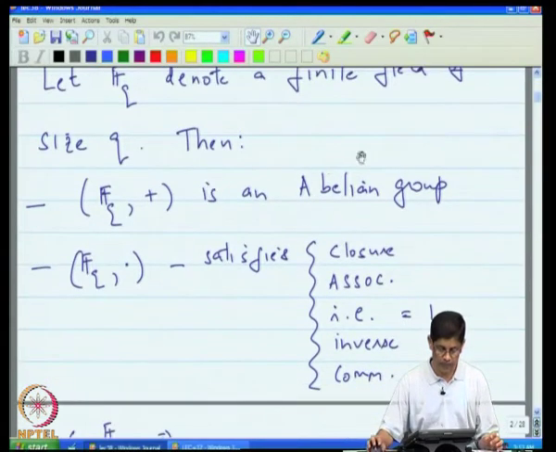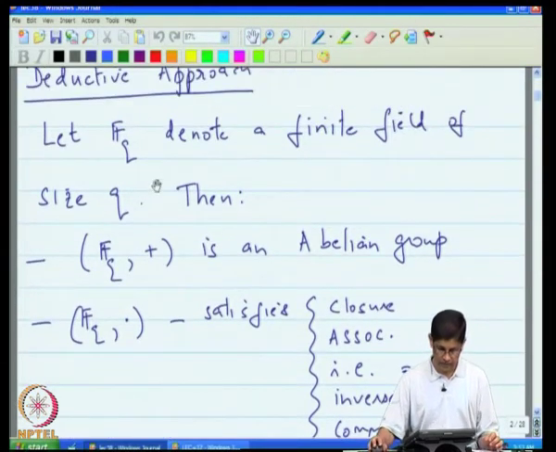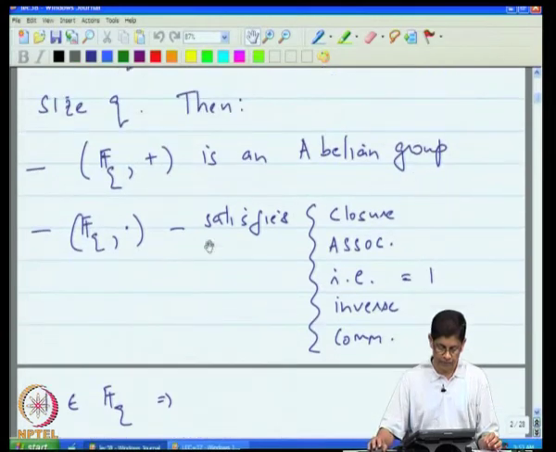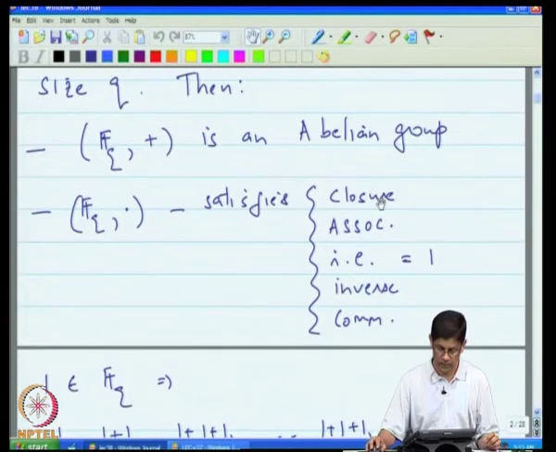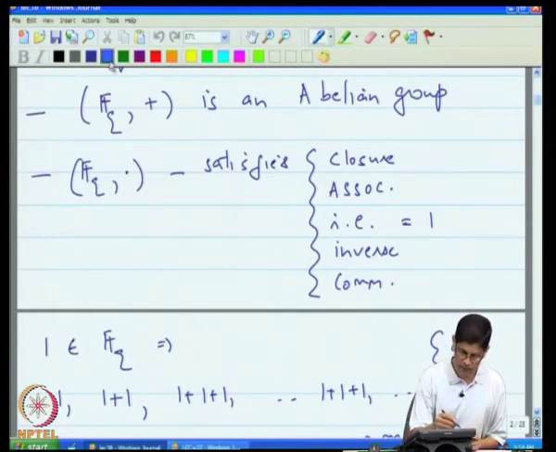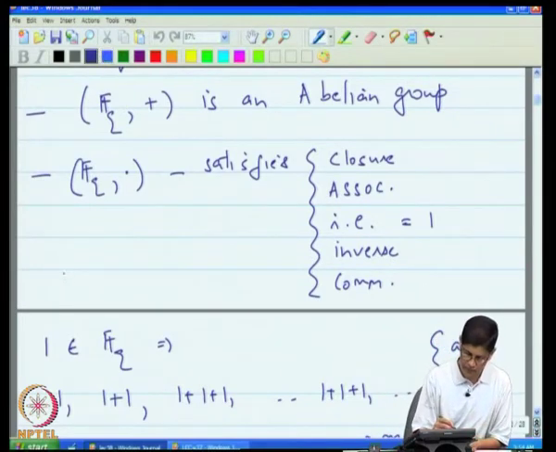What do we mean by using the structure of the field? Well, we know that F_q under addition must be an abelian group, and that the set under multiplication must satisfy the axioms of closure, associativity, the identity element, the inverse, and commutativity.